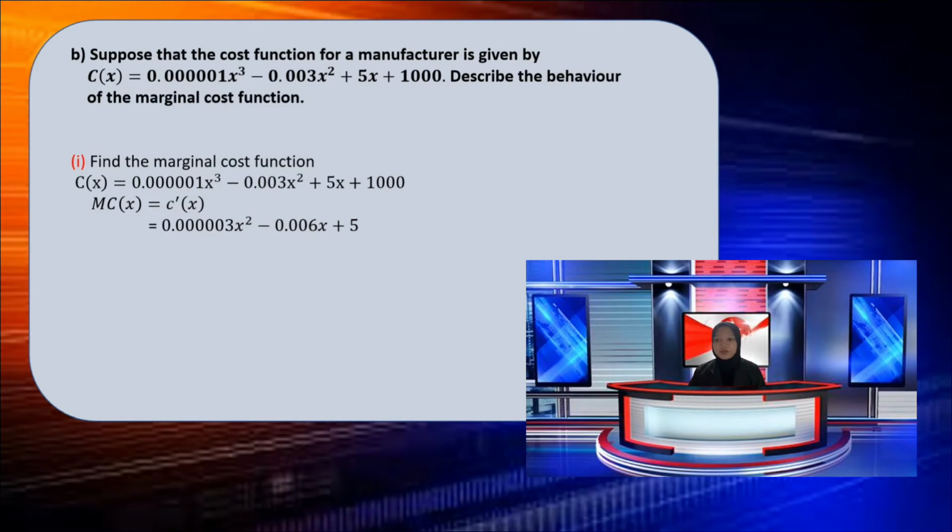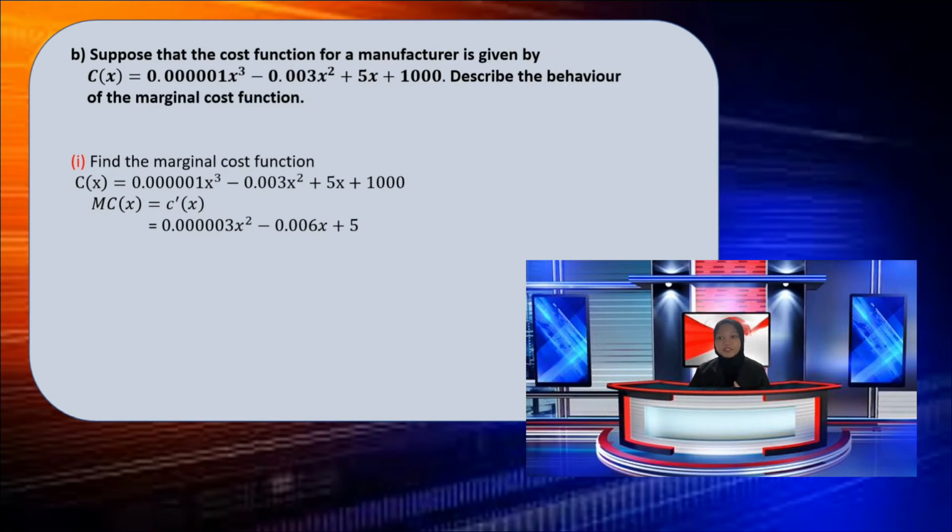Question B. Suppose that the cost function for a manufacturer is given by C(x) equal to 0.000001 x cubed minus 0.003 x squared plus 5x plus 1000. Describe the behavior of the marginal cost function.